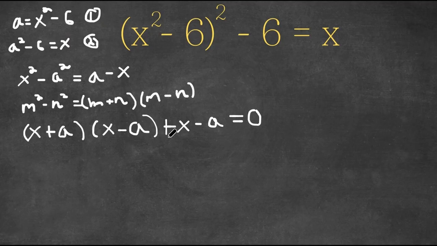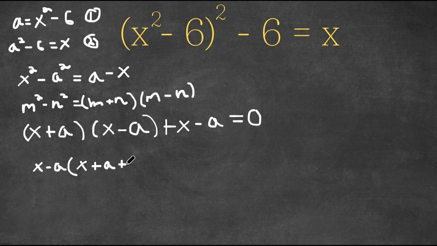So now I'm going to factor out x minus a from this. x plus a times x minus a divided by x minus a is simply just x plus a. And x minus a divided by x minus a is 1.